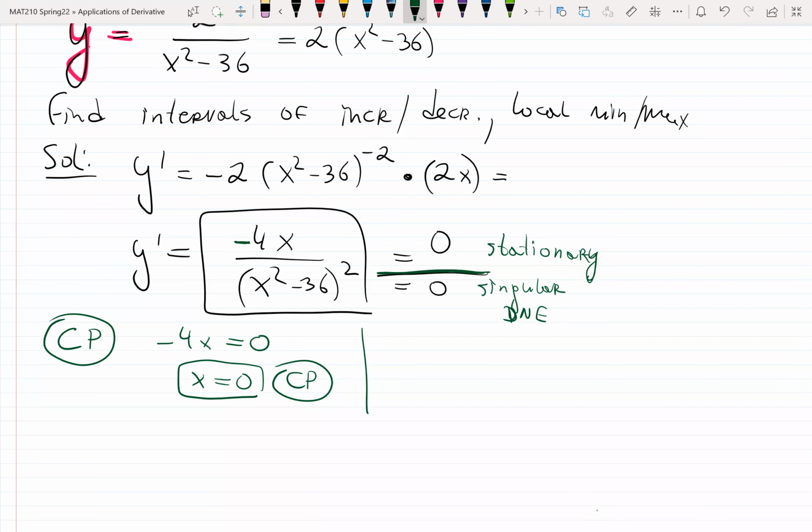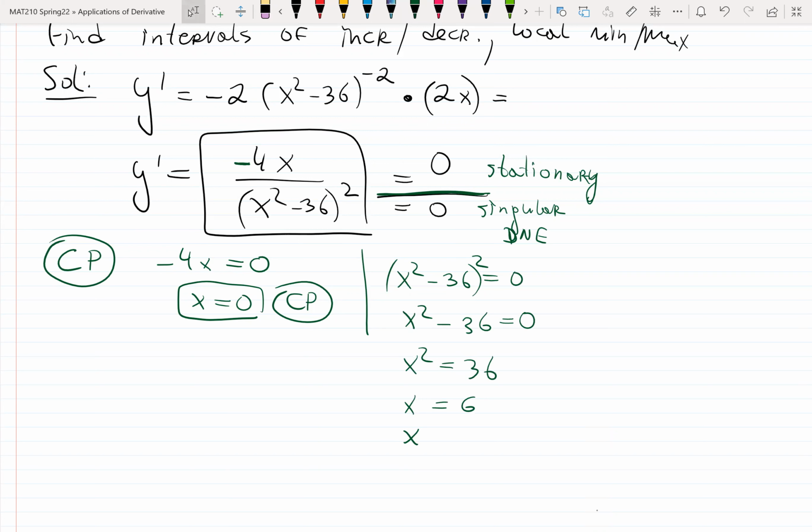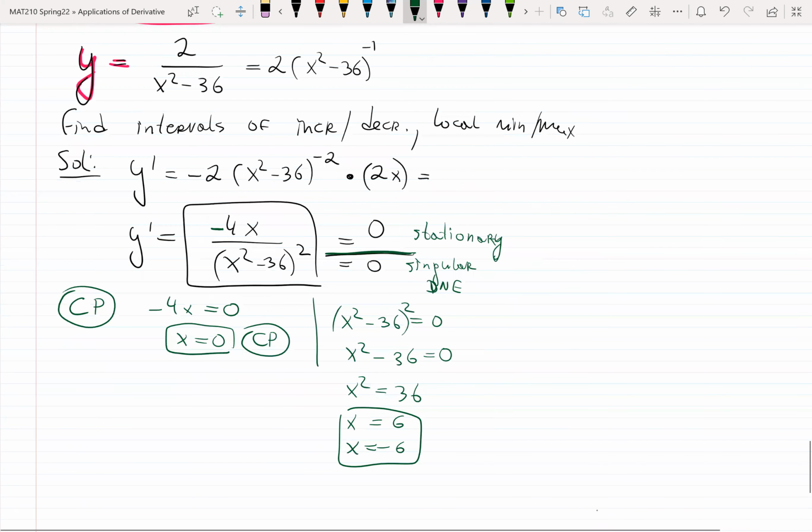Denominator is (x squared minus 36) squared equals 0. Let's find that point. x squared minus 36 is 0. x squared is 36. x is 6 or minus 6. Remember, both should be included. Also could be critical points, but they are not because they're not in the domain.